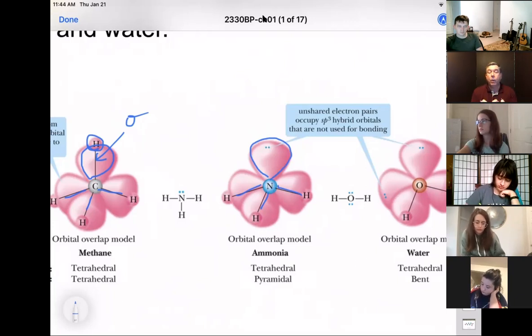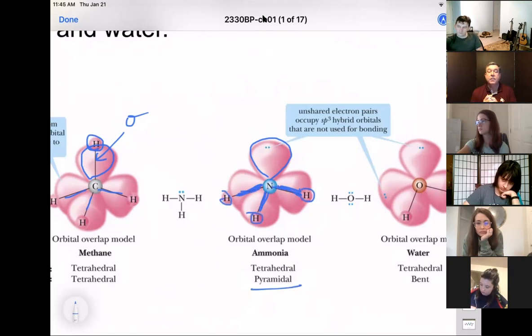But the orbital that has the lone pair in it still takes up space. So electronically, it's tetrahedral, still has those 4 equal zones of electronic structure. But by molecular structure, because you're only bonding to the hydrogens on the bottom, we now have a pyramidal molecular shape.